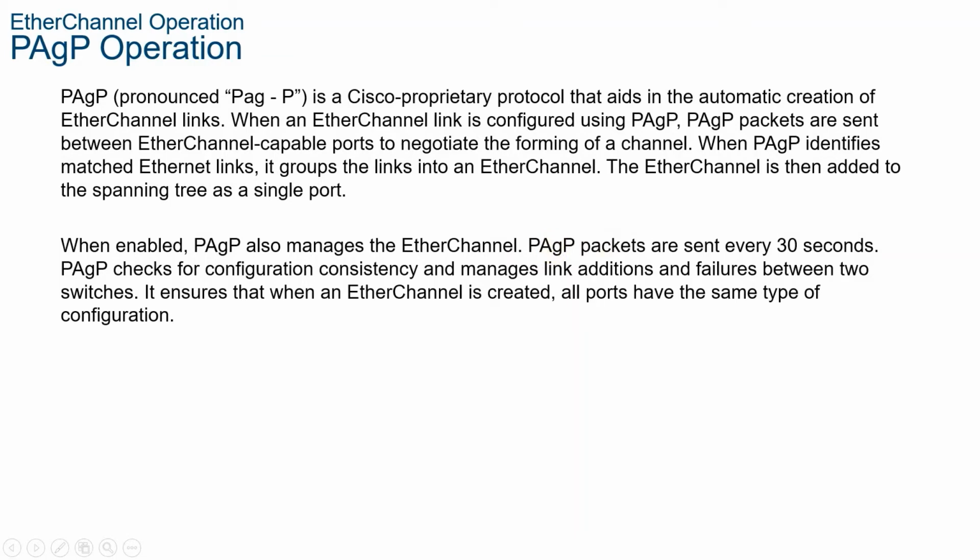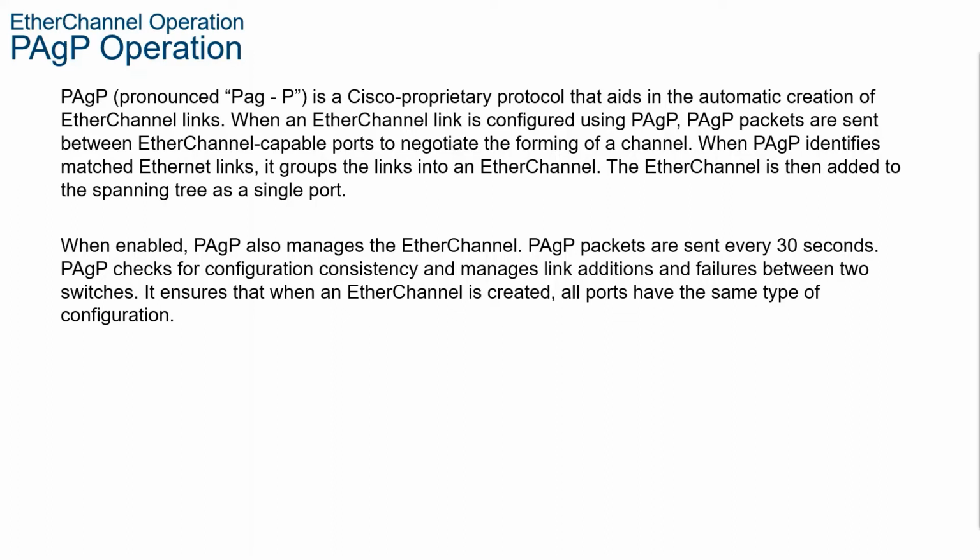Let's talk about the PAgP operation. PAgP is a Cisco proprietary protocol that aids in the automatic creation of EtherChannel links. When an EtherChannel link is configured using PAgP, PAgP packets are sent between EtherChannel-capable ports to negotiate the forming of a channel.